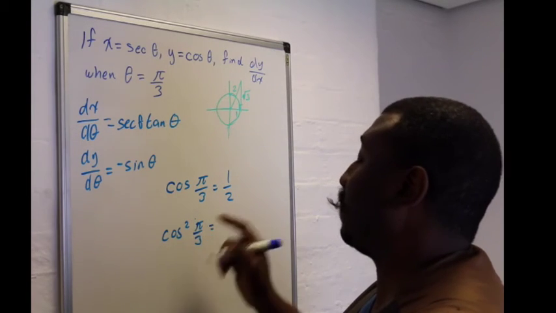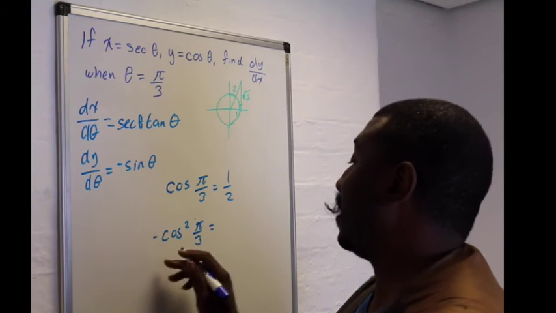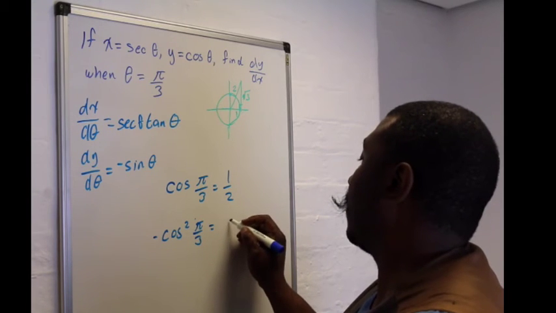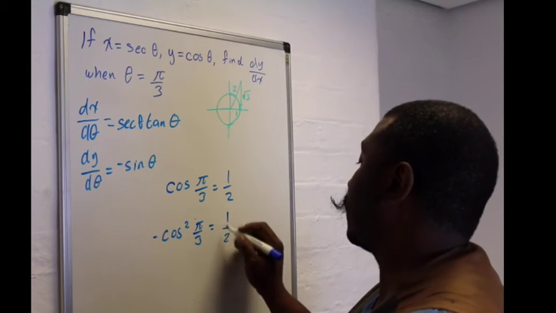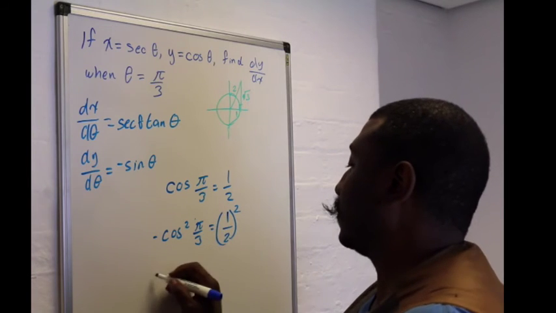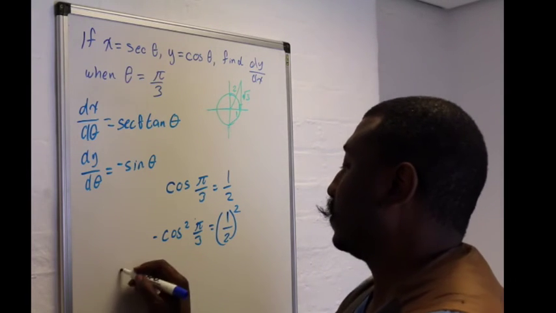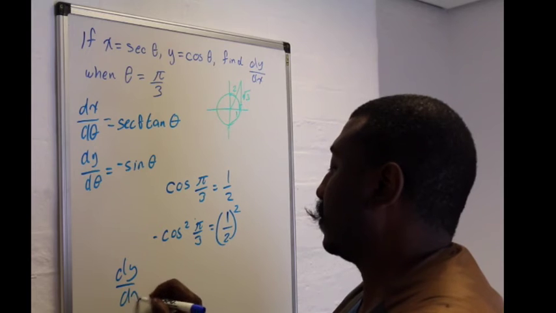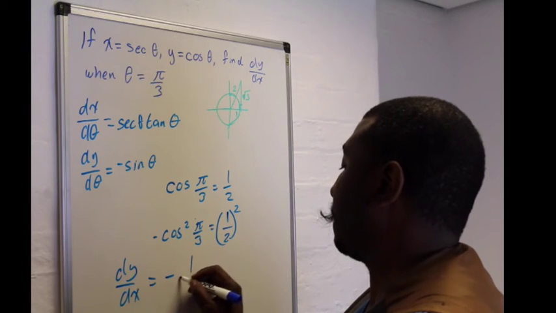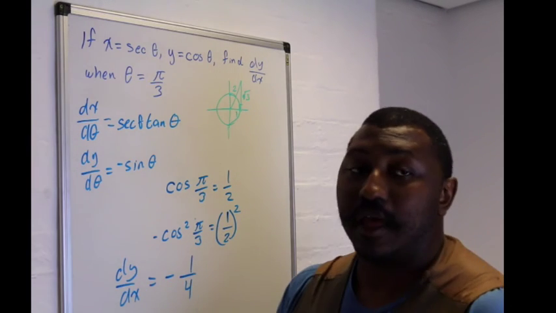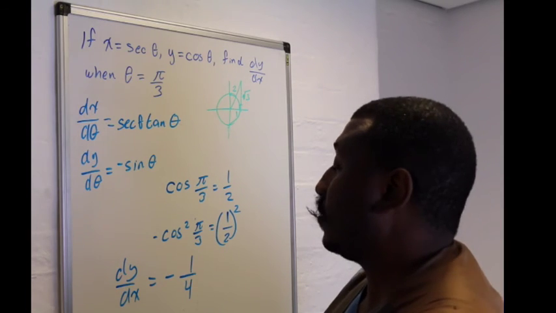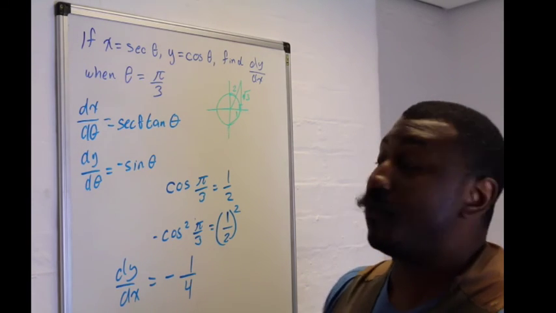And make sure that we don't forget our minus signs. So this is out here. And there we have it. dy by dx is equal to minus 1/4.